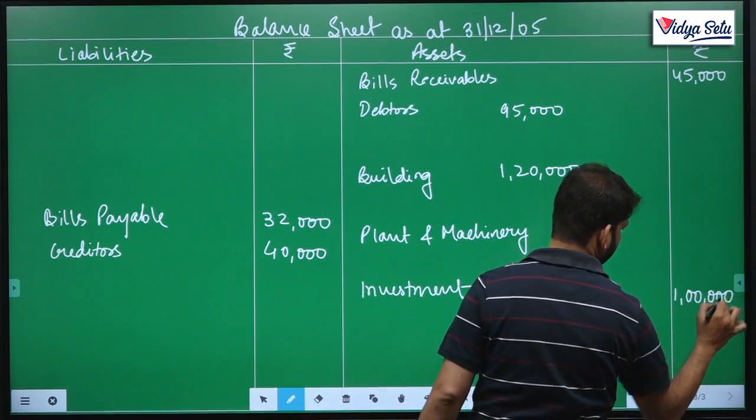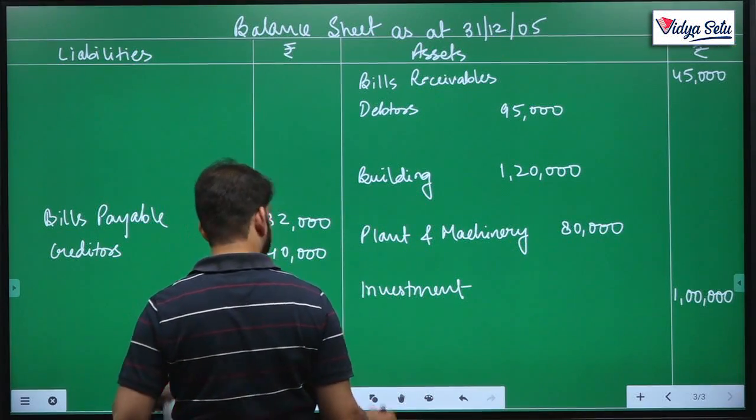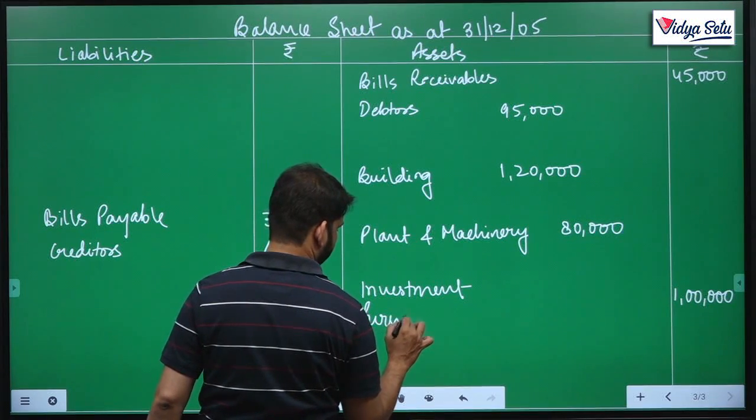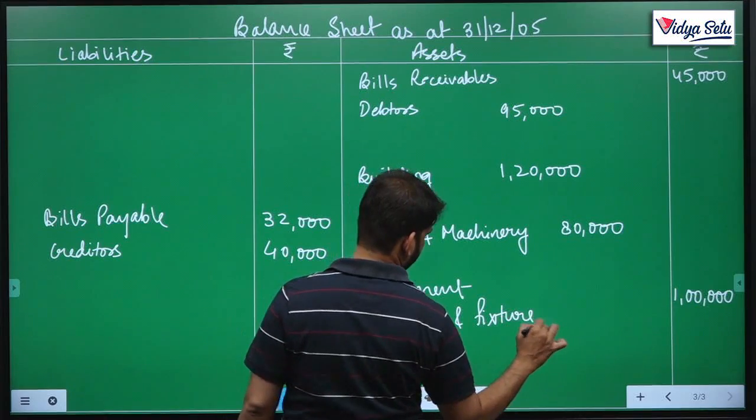Investment 1 lakh. Furniture fixture 26,000.